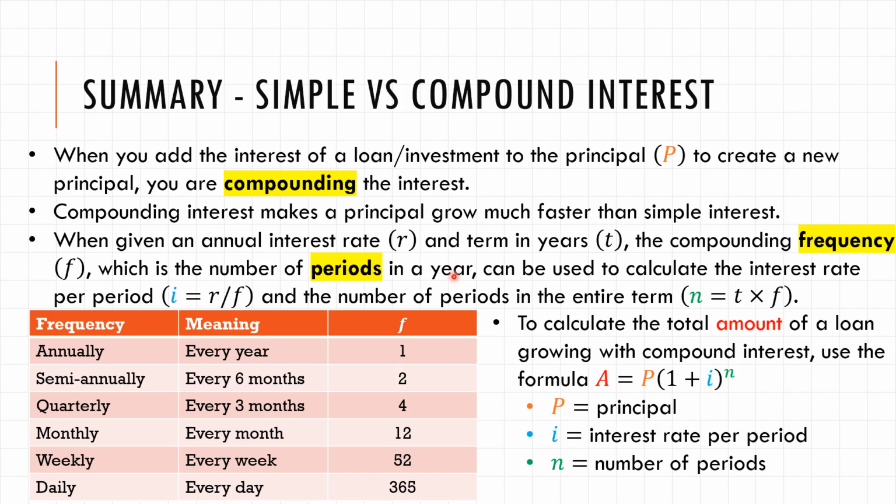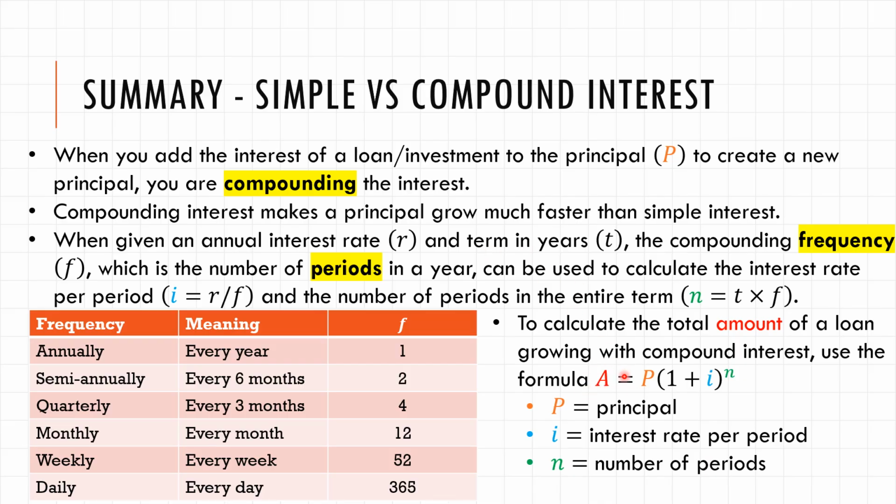I is not the annual interest rate, it's the interest rate for one period, and the way we calculate that is we take the annual interest rate divided by the frequency. N, the exponent here, is the number of periods. And so we take the term, which is the number of years, and multiply it by how many periods there are in each year. And that's how we find N. And then we can use this formula pretty easily to calculate the total amount at the end of the term.